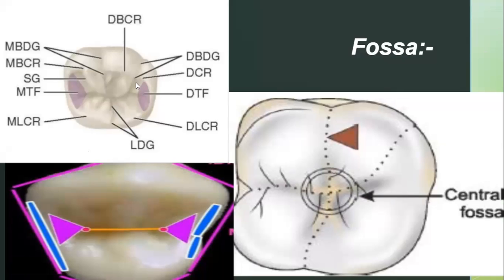Then we have the distal triangular fossa and the mesial triangular fossa. This is also a fossa or depression, but it is triangular in shape. Here you can see the triangular fossa, marked with purple color. Here are hollowed out depressions. Here is a depression, the triangular fossa.